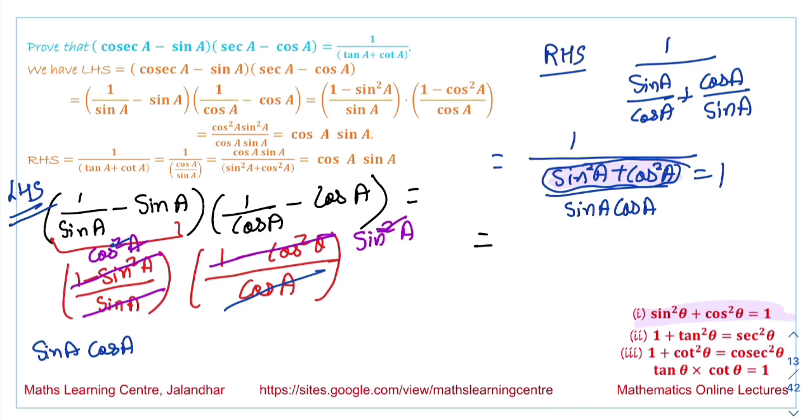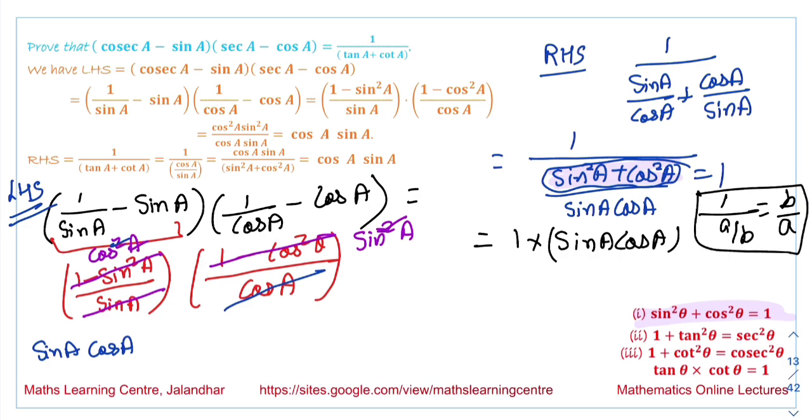So the answer is 1 into sin A cos A, because 1 over a by b is equal to b by a. So this denominator will come over here, and the answer we get is sin A into cos A. So this is the LHS, this is the RHS, both are equal. So we have proved this result.